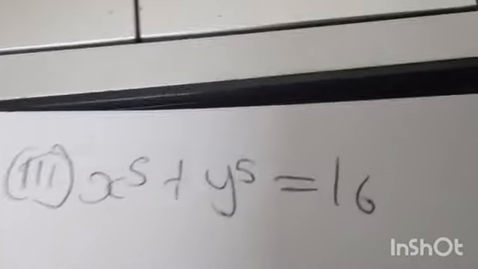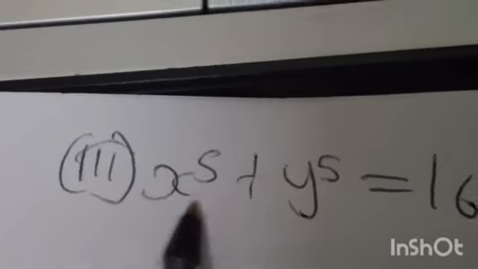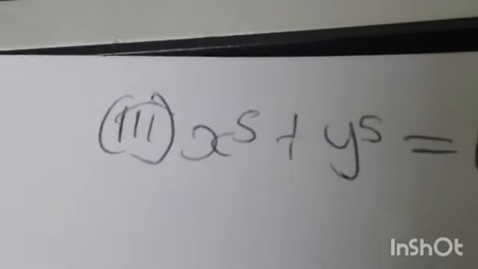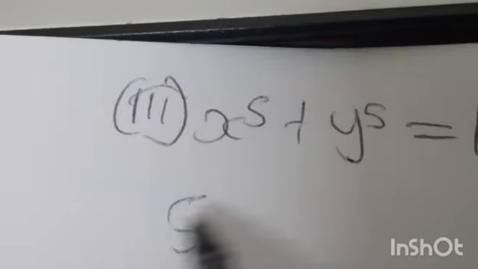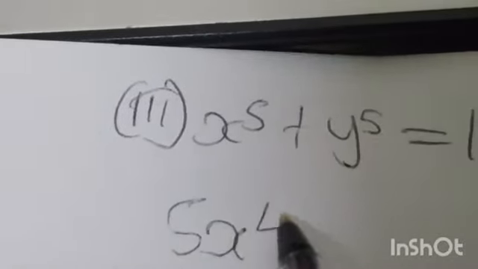Whenever you are told to differentiate this, there's nothing difficult about it. All you have to do is differentiate this the same way. This is just the power law. So differentiation of x to the power 5 is 5x to the power 4. The power comes in front of the x, then the power, since it was 5 minus 1, will be 4.